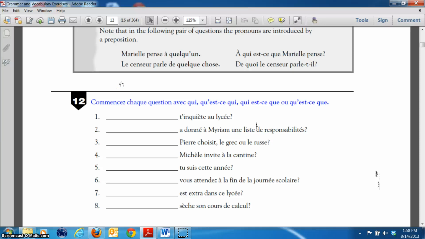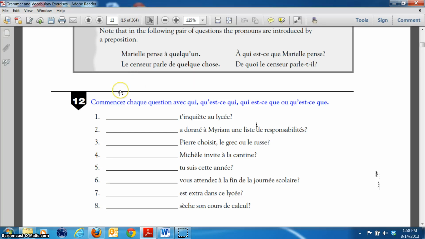Or, since we're talking about a what, you could put a qu'est-ce qui here. What worries you at the high school? And I think this is probably the best choice. So qui goes in front because qui is the subject. This is a direct object, it's not a subject, so it's like there's nothing there.